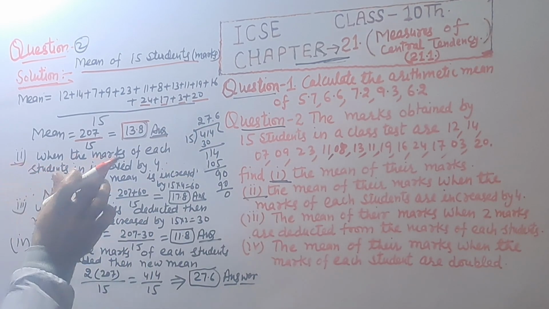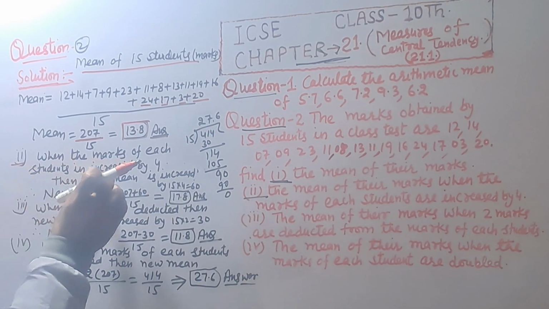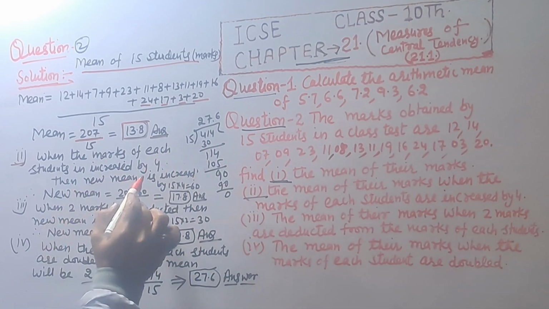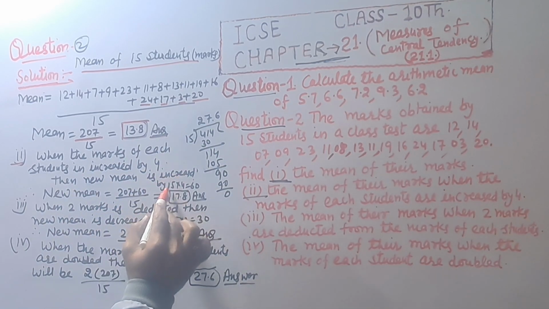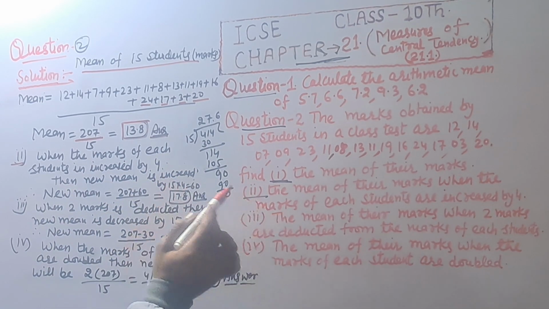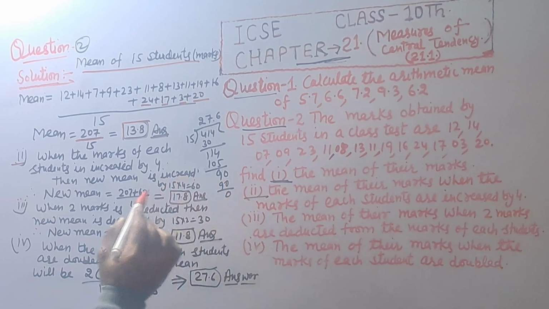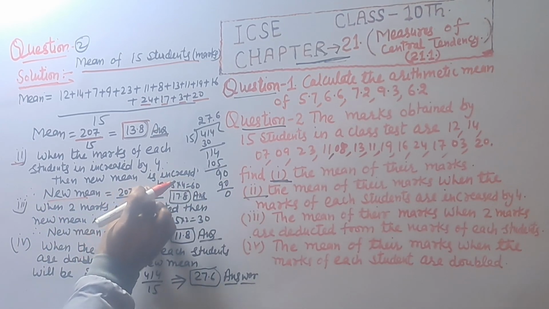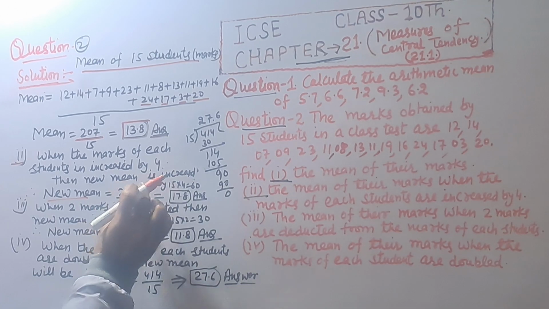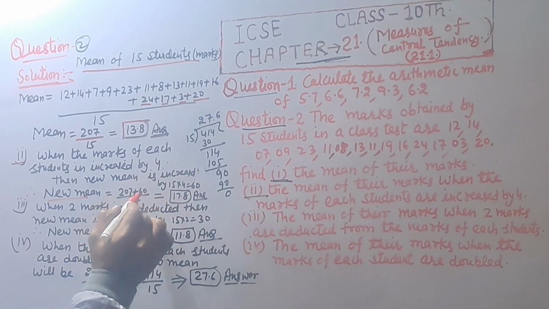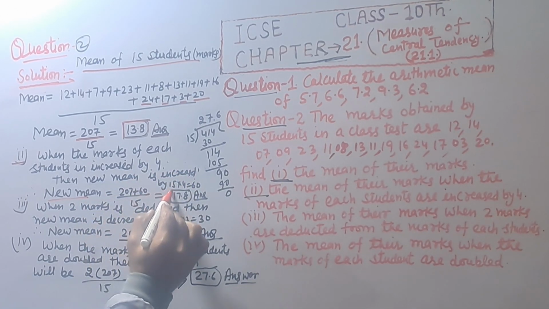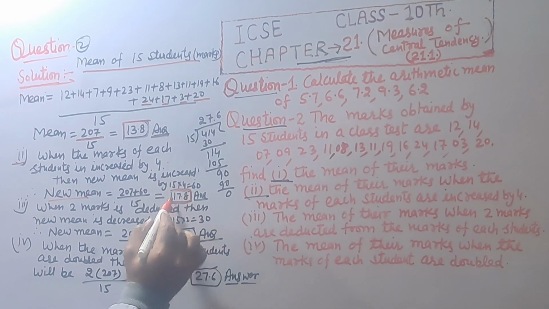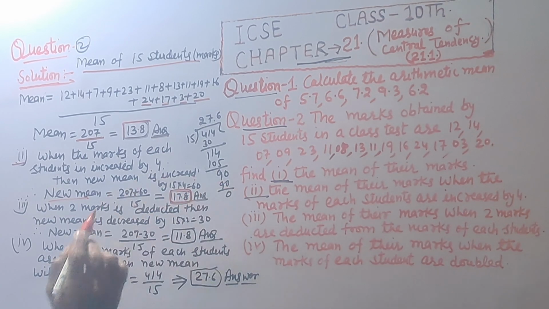And second part, when the marks of each student is increased by 4, then new mean is increased by 60. 15 4s are 60. So new mean is equal to 207 plus 60, that is equal to 267 upon 15, that is 17.8. Answer.